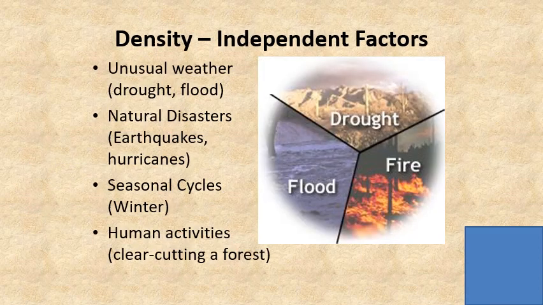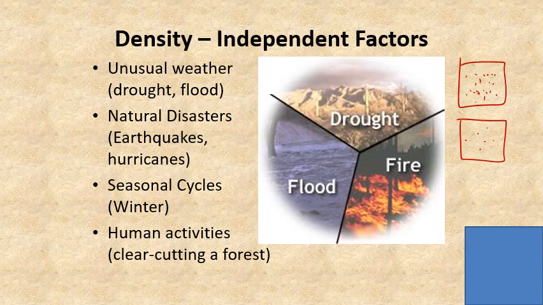So when we look at independent factors and we look at those same situations, really densely populated versus sparsely populated, and we say, well, they're treated equally, it doesn't really matter, then that is independent of density. A drought, does a drought care how many individuals are there? No, it's not getting water.